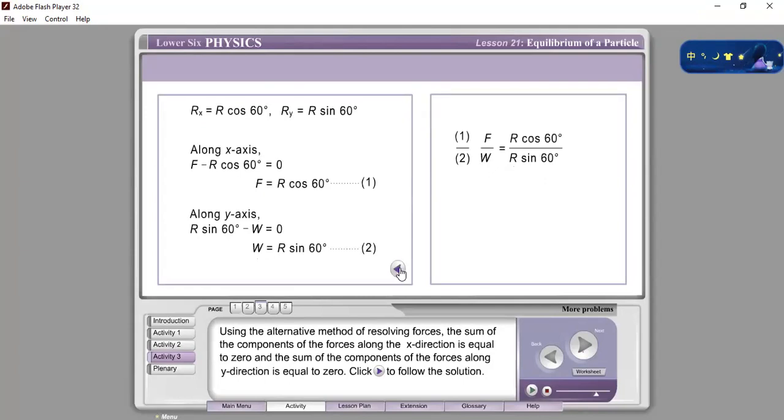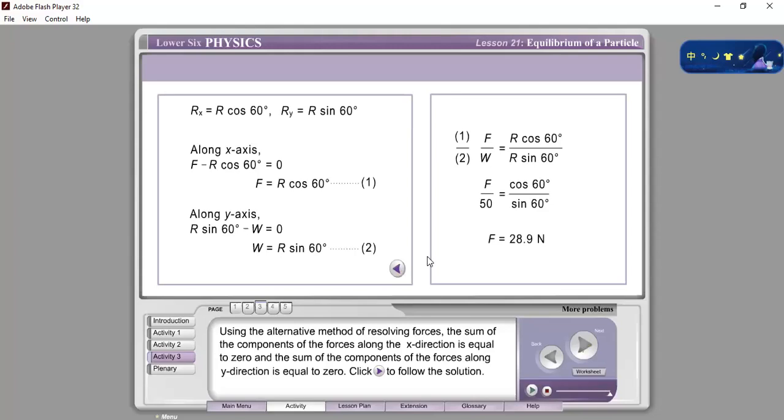Therefore, F over W equals R cos 60 degree over R sin 60 degree, which implies F over 50 equals cos 60 degree over sin 60 degree. Thus, F equals 28.9 Newton.